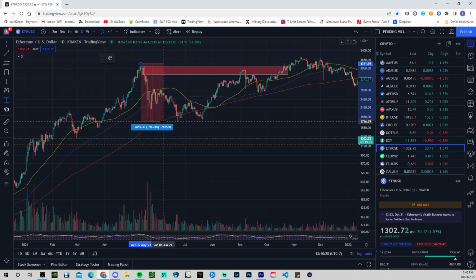This is the full move. So this was a 60% sell-off, right? From candlestick to candlestick. Let me move this out the way so you guys can see that. We had this sell-off here to here, which is a 60% move.